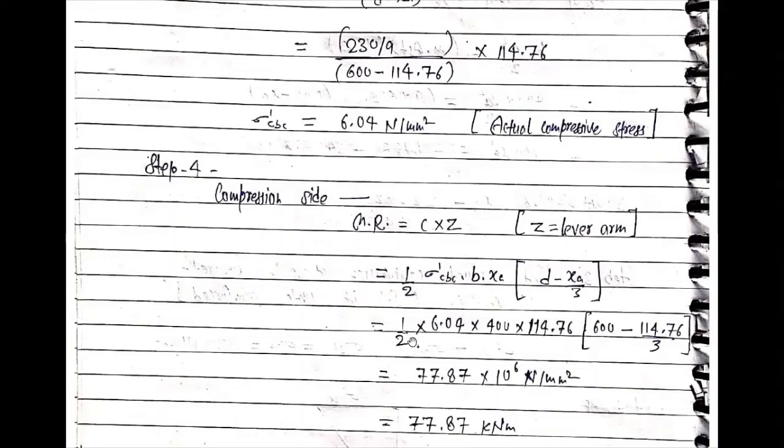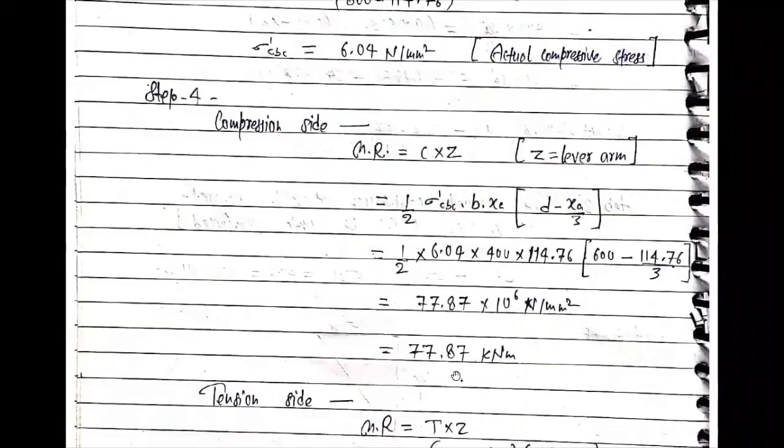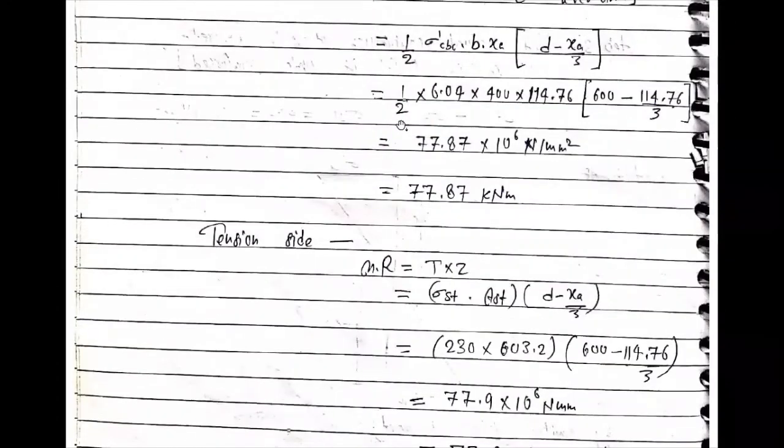Putting all those values, sigma dash CBC came out to be 6.04, B value is given in the question, XA came out to be 114.76, D value is given, and putting the XA value again here, it gives 77.87 kilonewton meter. This is moment of resistance in compression side.